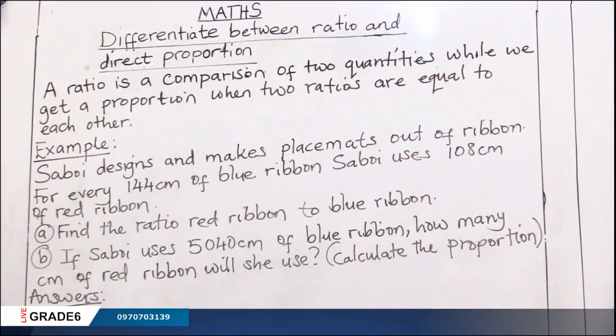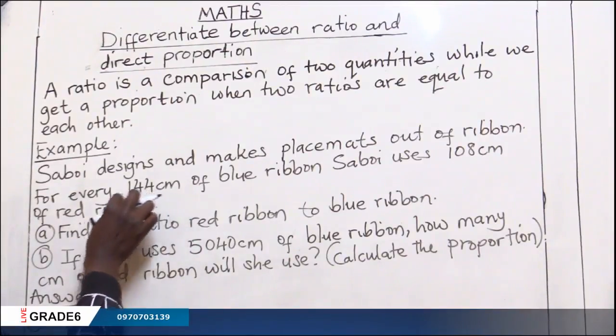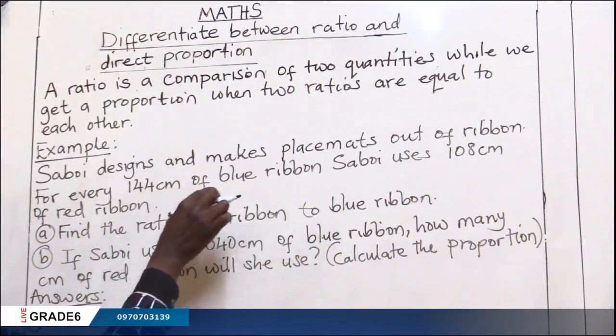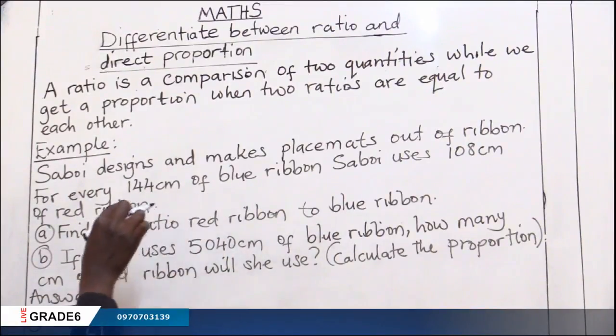So what are we going to do, boys and girls, for number 1A? Number 1A says find the ratio red ribbon to blue ribbon. So boys and girls, we can get the ratios. For every 144 centimeters of blue ribbon, Savoy uses 108 centimeters of red ribbon.